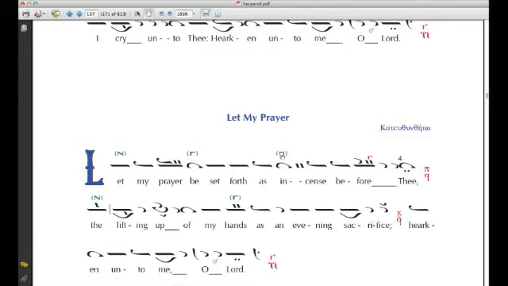Let my prayer be set forth as incense before thee, the lifting up of my hands as an evening sacrifice. Hearken unto me, O Lord.